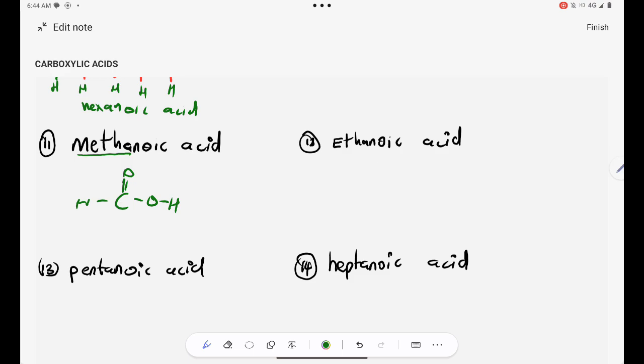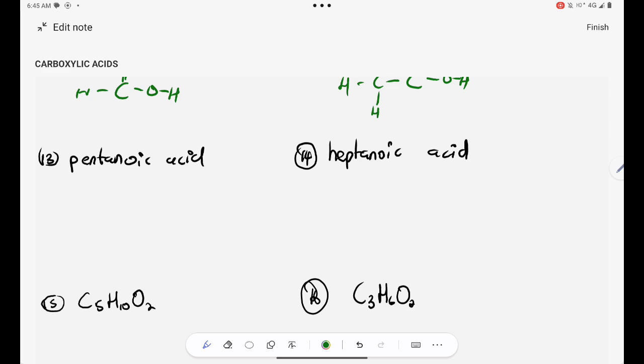Ethane simply means I have 2 carbons. That's 1, 2. And then I'll have double bond O, H, with hydrogens over there. And then for pentanoic acid, pentane simply means I have 5 carbons. 1, 2, 3, 4, and 5. Then I have my double bond with an OH. Then I have my hydrogens over there.